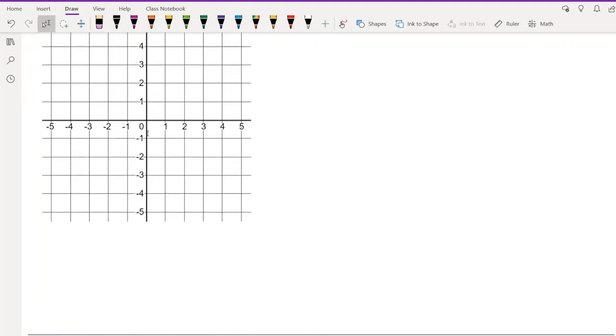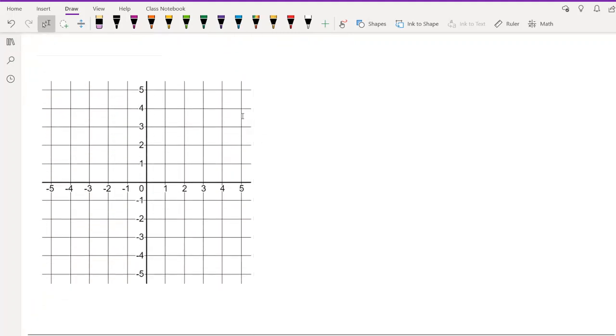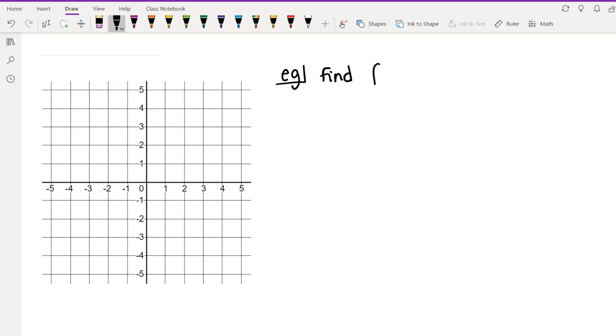Now we're going to do some integrals where we actually can find the exact value because of just using area formulas. So first example I want to do is we're going to find the integral from 1 to 4 of negative 2x plus 4 dx.